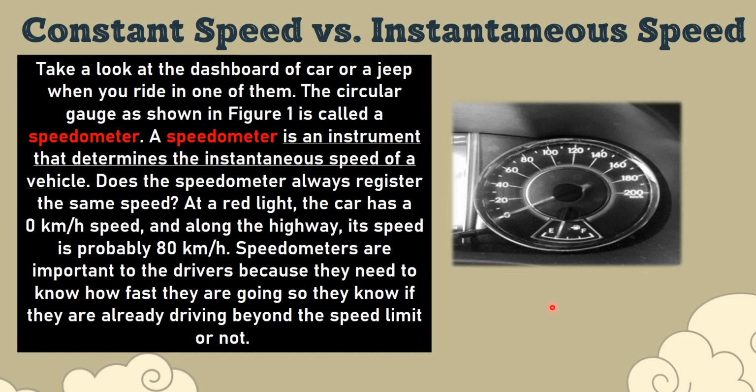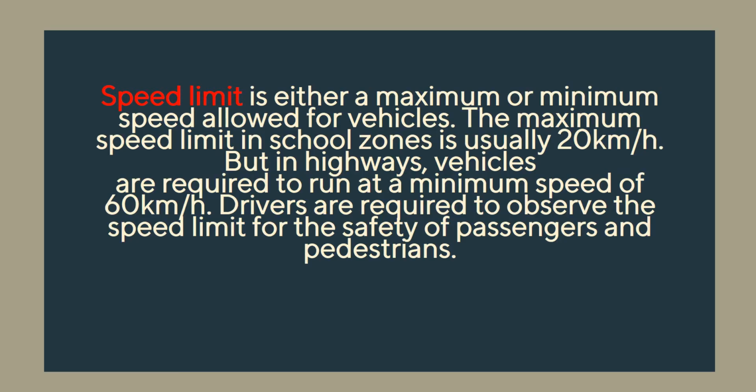Speedometers are important to the drivers because they need to know how fast they are going so they know if they are already driving beyond the speed limit or not. So very important, the speedometer. Let's talk about speed limit. Speed limit is either a maximum or minimum speed allowed for vehicles.